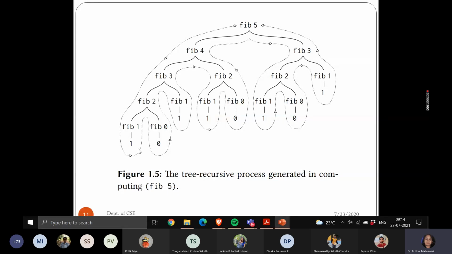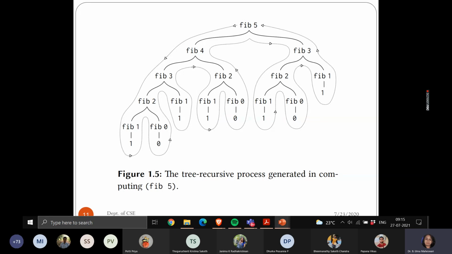That means the Lisp interpreter will substitute the values for the terminal nodes. This is the way it will go on. This is another shape of the process. It is always producing a tree.